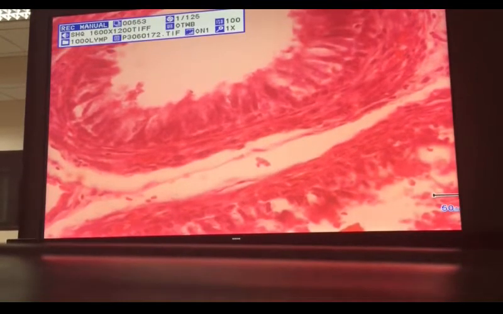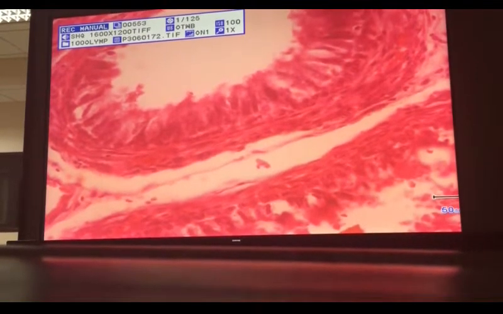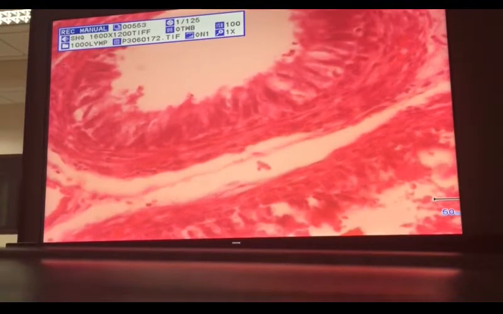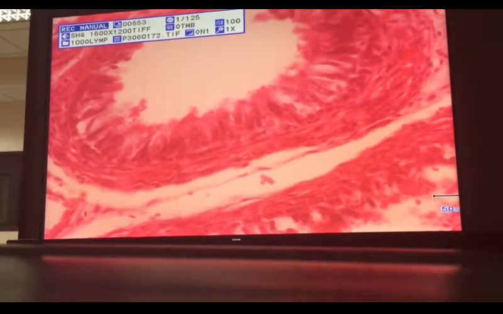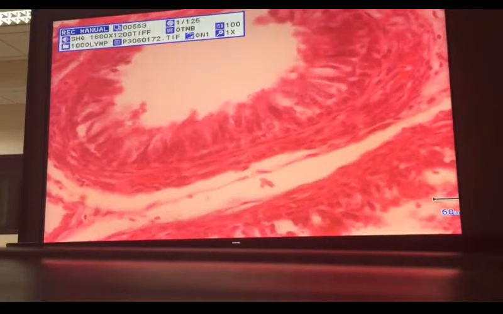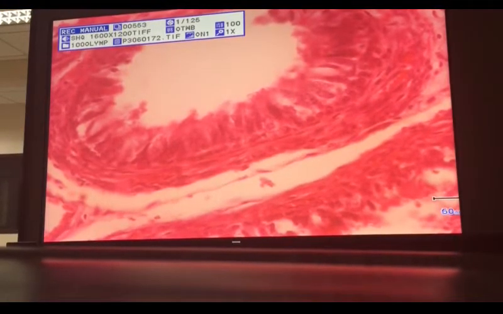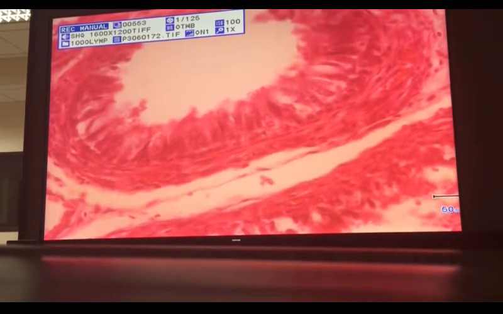Stereocilia. What's the significance of the presence of the stereocilia? Movement? Are they motile? No. What is their function?